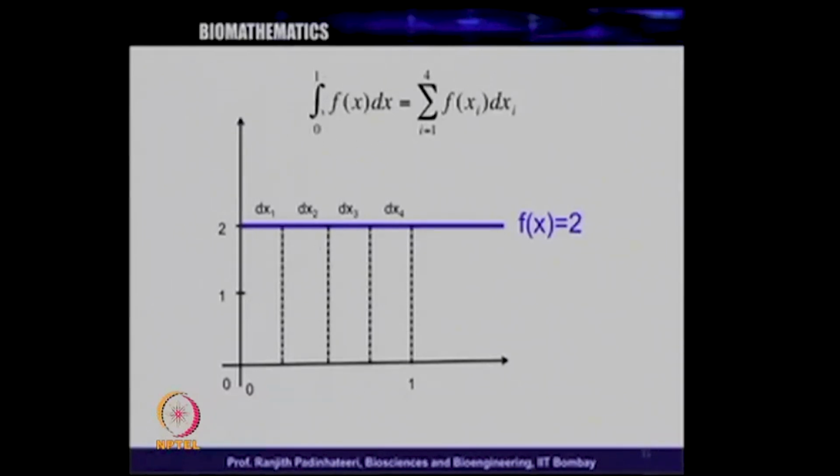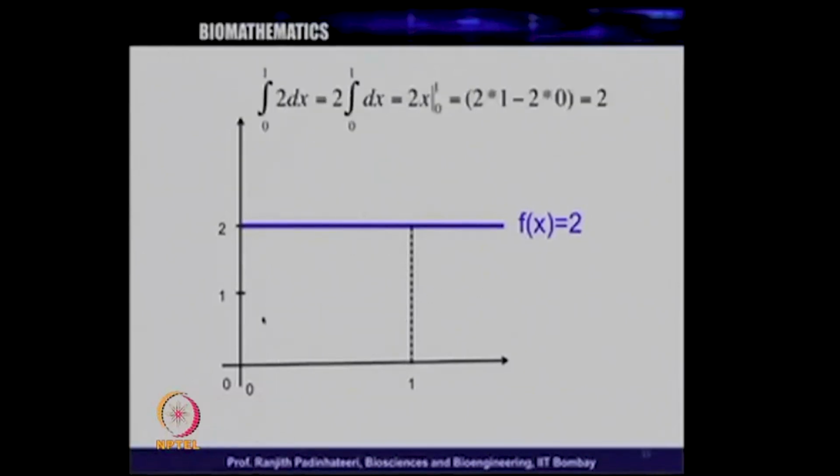If we want to calculate the integral of a function between two points, we find the area enclosed between the curve and the x axis, that is y equal to 0. This particular area will give you the integral.